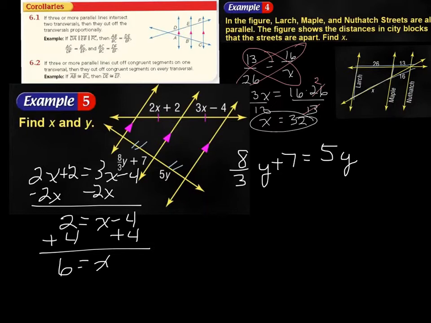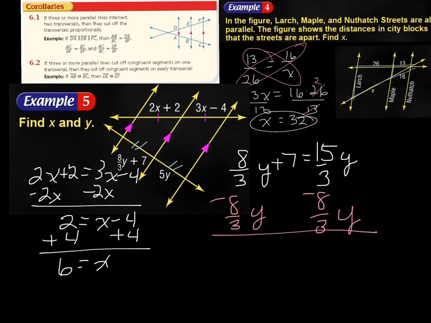What is this thirds they're doing to us? Okay, well we could get a common denominator. If we took the 5 times 3 over 3, that'd be 15/3. That's better. So now I could subtract 8/3 y from both sides of the equation. And I have 7 equals 15 minus 8 is usually 7.